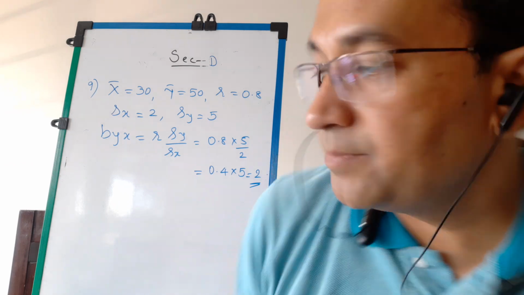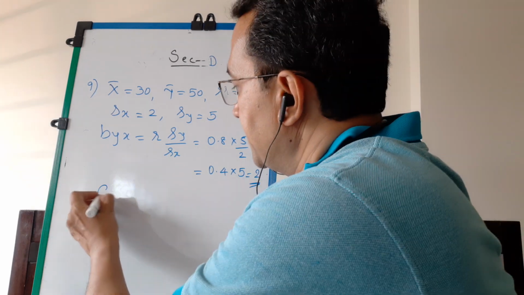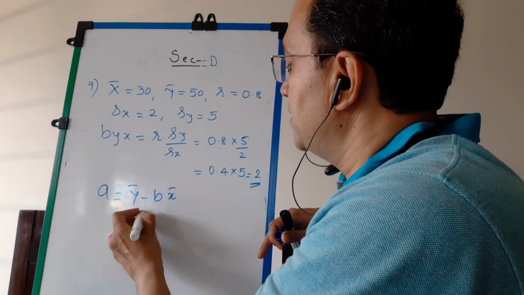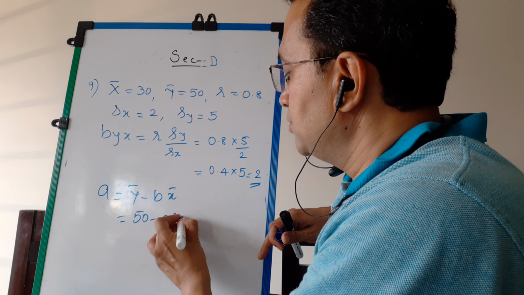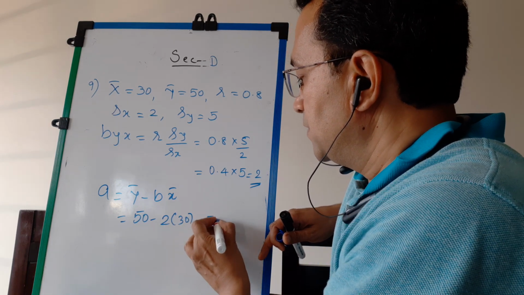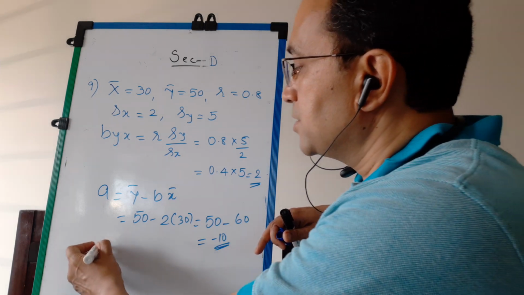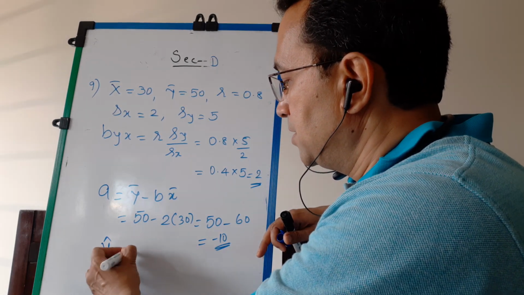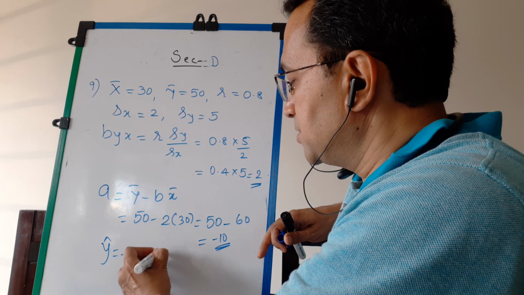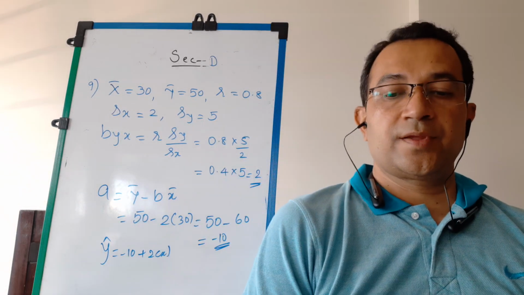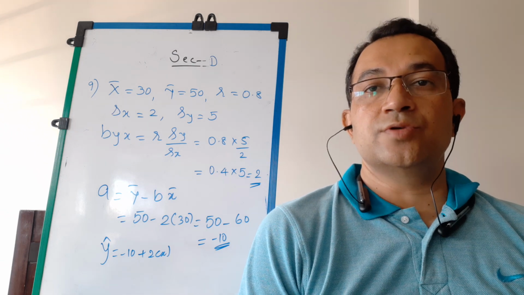Now a is equal to y bar minus b x bar. What is y bar? 50. 2 into 30 is 60. 50 minus 60, and that is minus 10. So the regression line will be y cap is equal to a plus bx, that is minus 10 plus 2x. This is your answer, students.